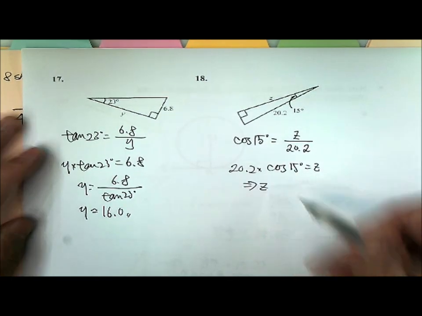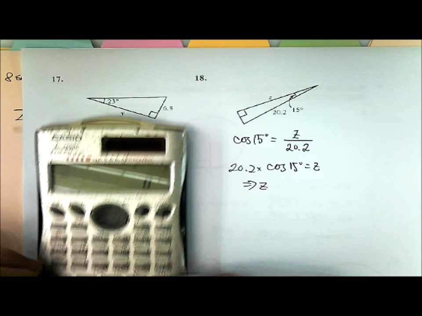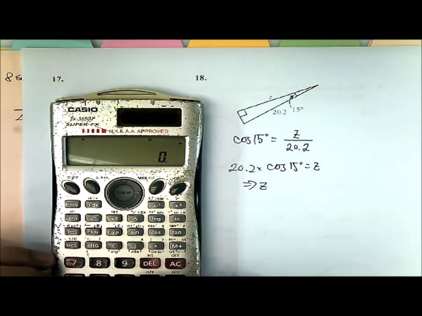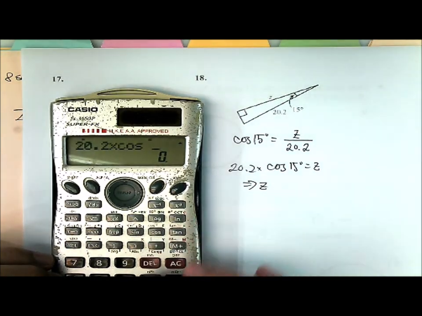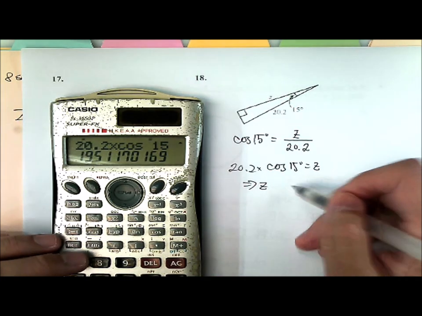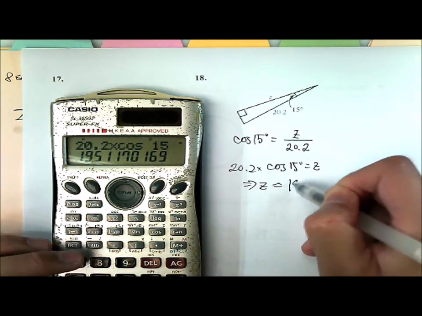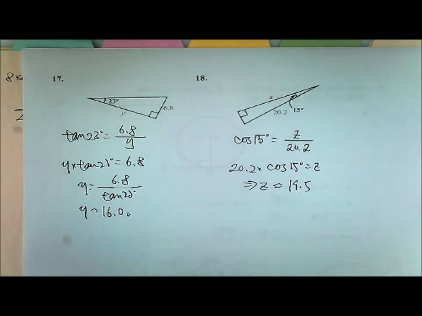So go to your calculator, press in 20.2 times cosine 15. So you got actually 19.5. Okay? So understand what I'm doing? So if it's okay, I want you to do the rest of the stage 1 exercise. So you do it now.